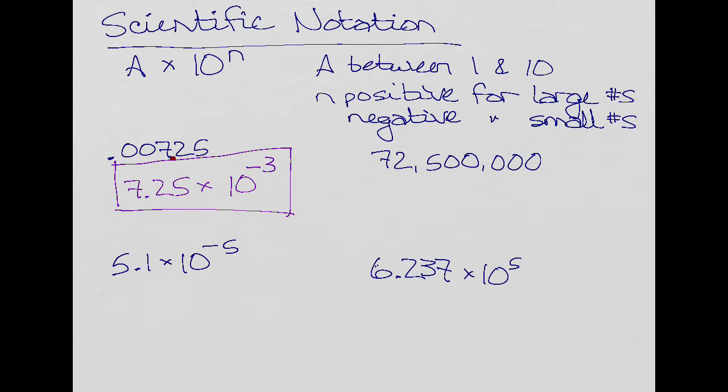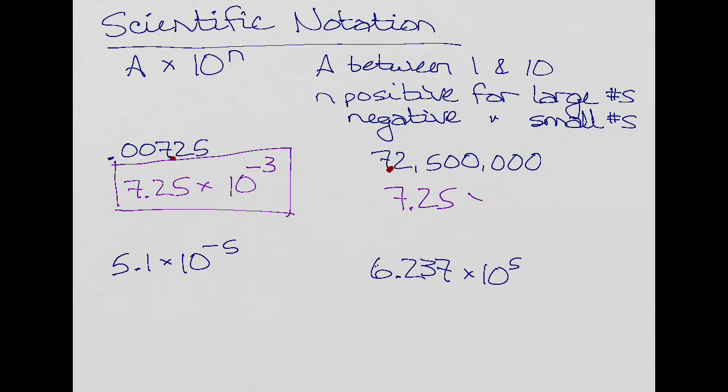On the other hand, 72,500,000 is a large number. Again, I want my number out in front to be between 1 and 10, and again, that means I'm going to put the decimal point right there to get 7.25 as my number part.